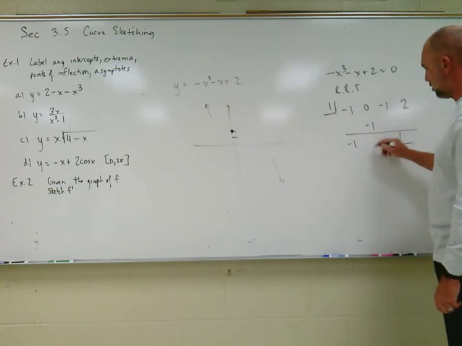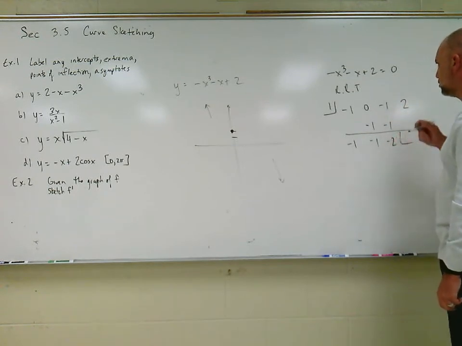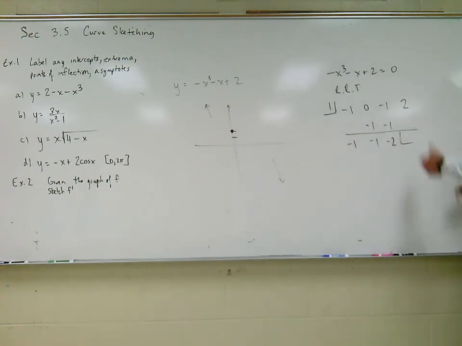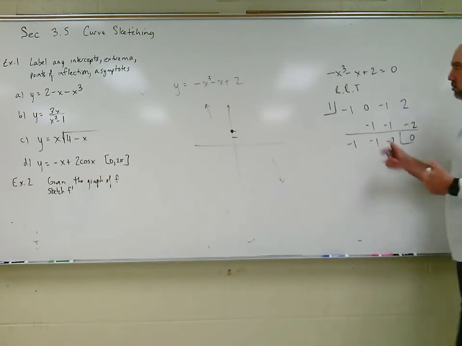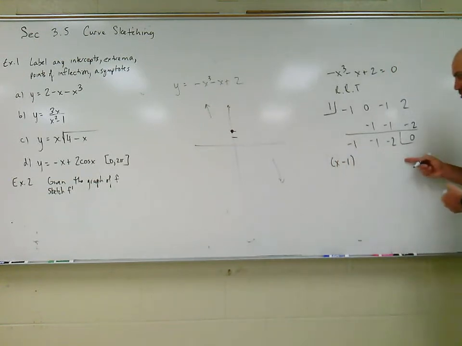Multiply, I get -1, add, I get -1, multiply, I get -1, add, I get -2, multiply, I get -2, remainder is 0. So that tells me that if 1 is a solution, then what's a factor? X minus 1. You've got to make it a factor. And your answer is also a factor.